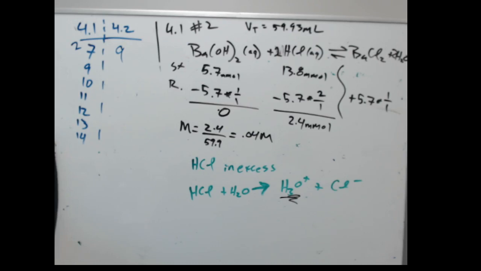There's no measurable equilibrium. Barium forming barium hydroxide is the same situation. It's too soluble. It's a strong base, so it just redissociates. It doesn't really form. So there's no measurable equilibrium in these situations at low concentration.